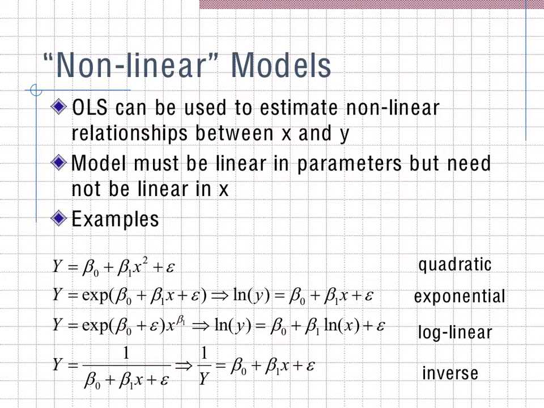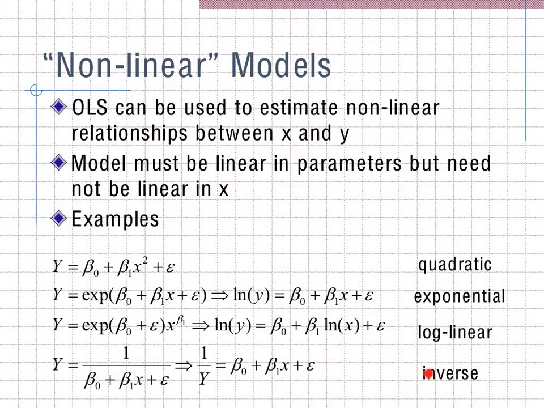This may look like a rather daunting model, but if we take the log of both sides now, we get the log of y is equal to beta 0 plus beta 1 times the log of x plus epsilon. In this case, we would take the original data, transform it by taking the log of y and the log of x, and proceed as before.